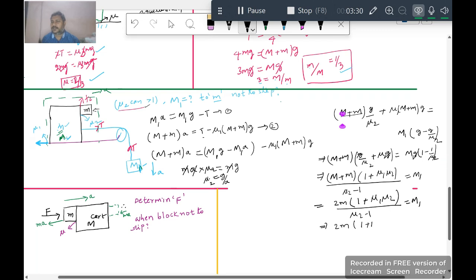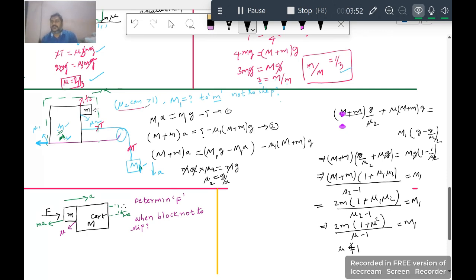Then 1 plus mu square by mu minus 1. So that equal to m1. And here mu is not equal to 1 and not less than 1. If it is equal to 1, mass will be 0, not possible. If less than 1, the mass would be negative, and mass cannot be negative.